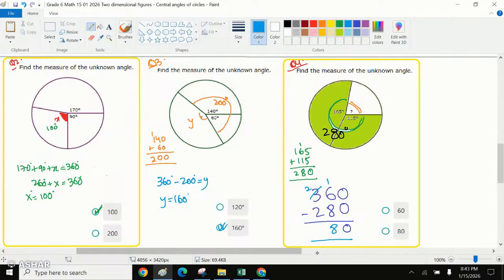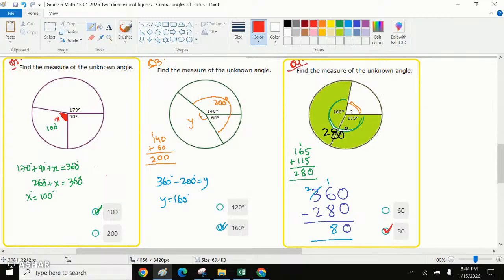You're not supposed to change your answer, right? 360 minus 280 is 80. Right? And do we agree? 360 minus 280 would be 80. Do we agree? Okay, thank you so much. That means the correct answer is 80 degrees.